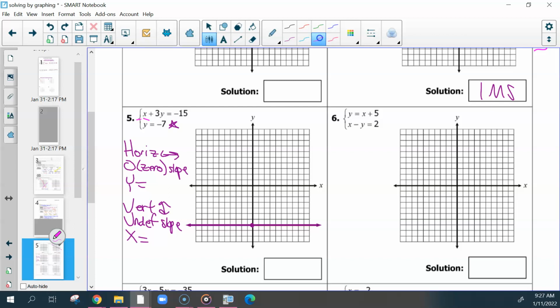Solving this one, we would get rid of x by subtracting, and divide everything by 3. This is -1/3 x minus 5.